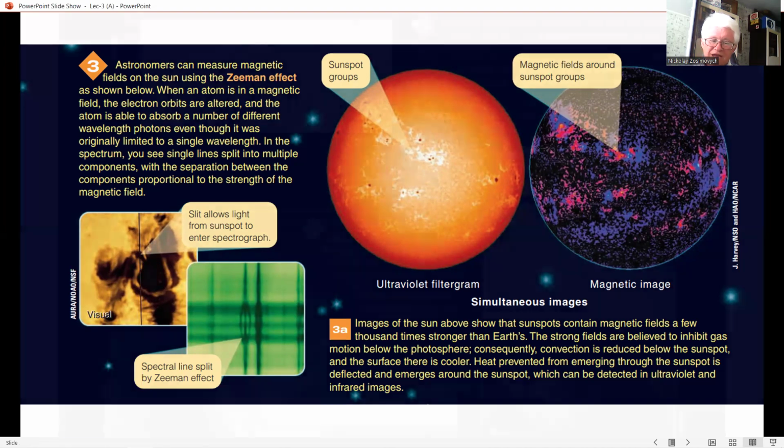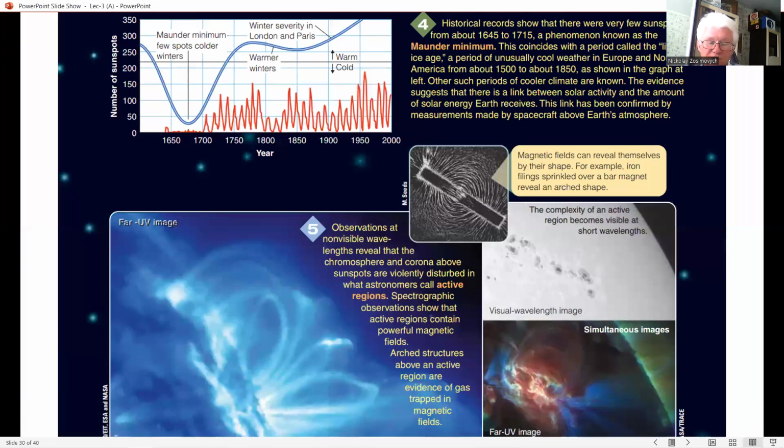Fourth, the intensity of the sunspot cycle can vary from cycle to cycle and appears to have almost faded away during the Maunder minimum in the late 17th century. This seems to have affected Earth's climate.